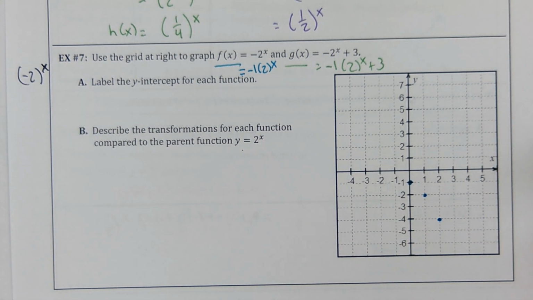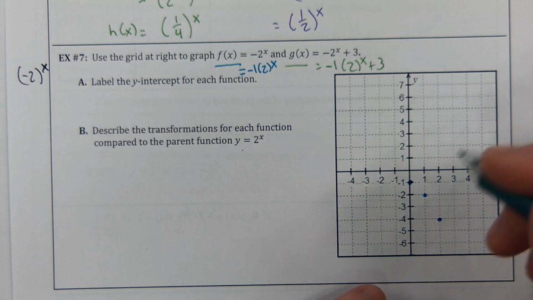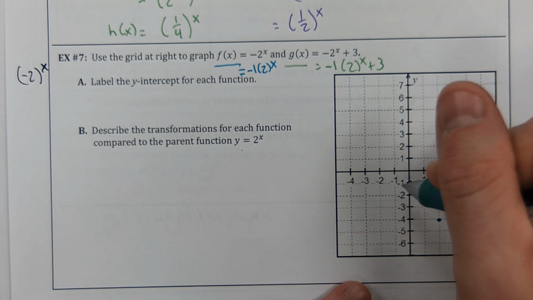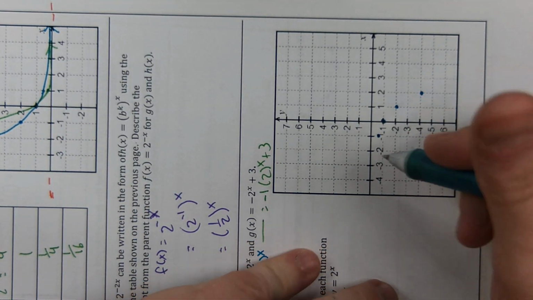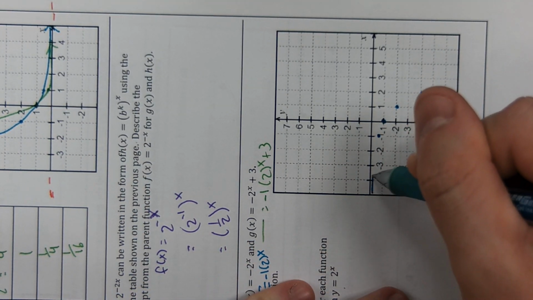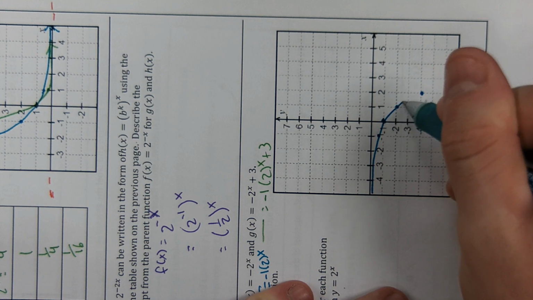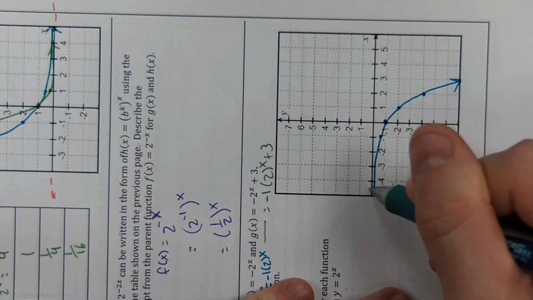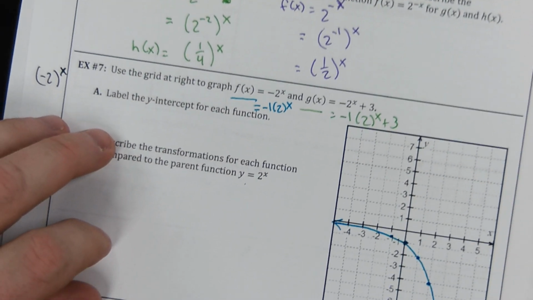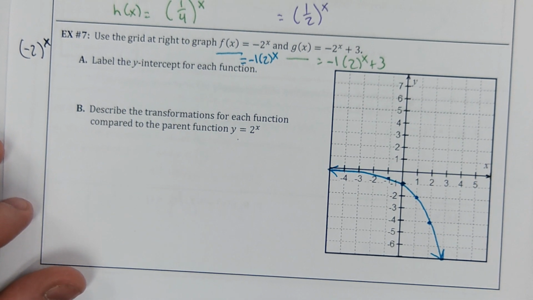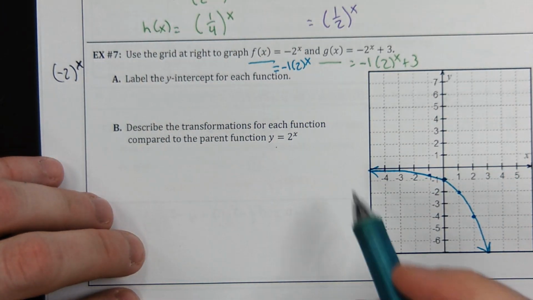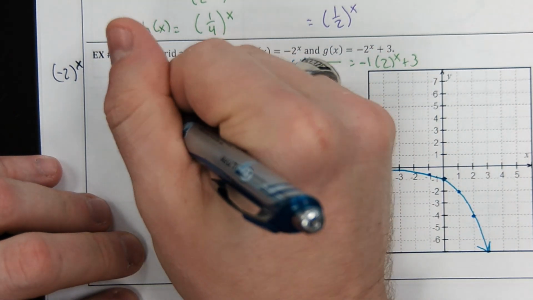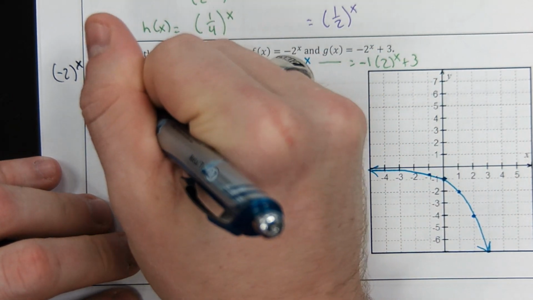And x is 3 is negative 8, falls off my graph. If it's negative 1, it's negative 1 times 1/2, so on and so forth. So we're going to get this graph. This is f of x.